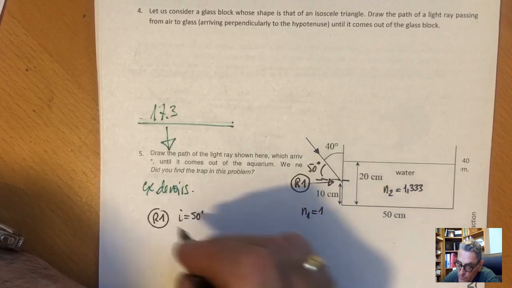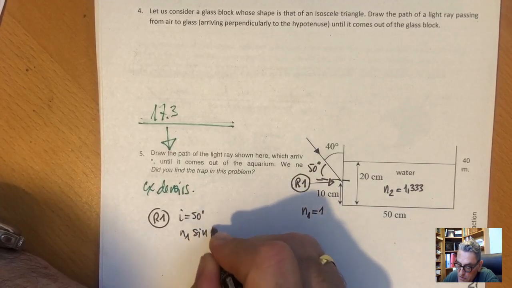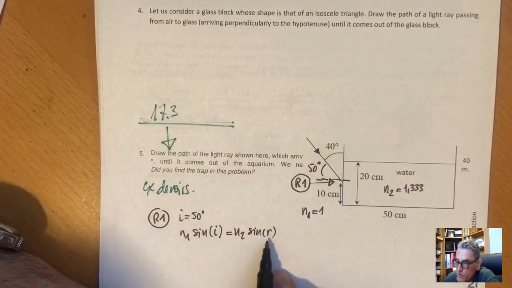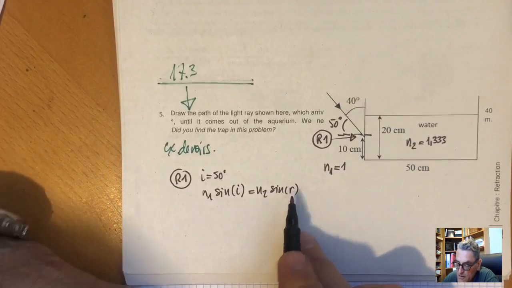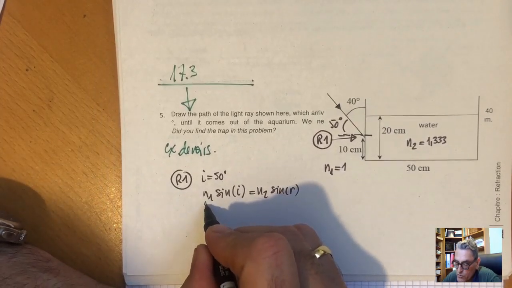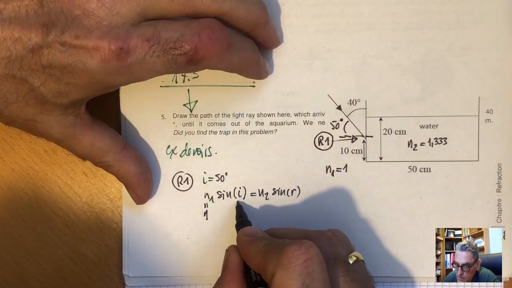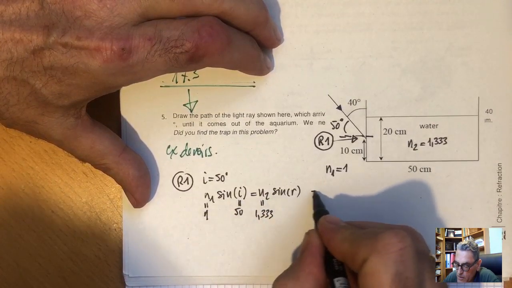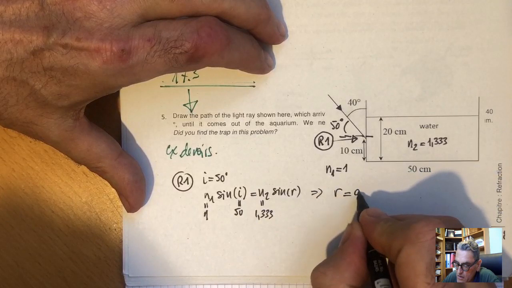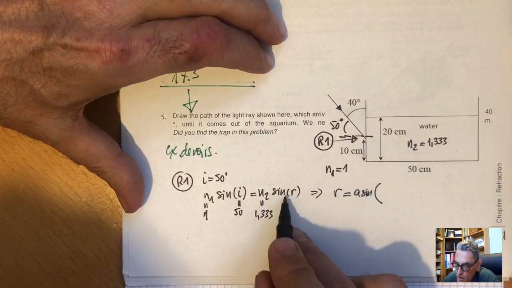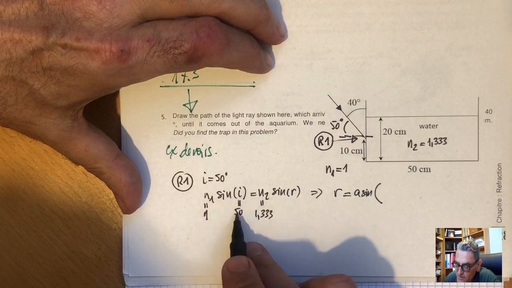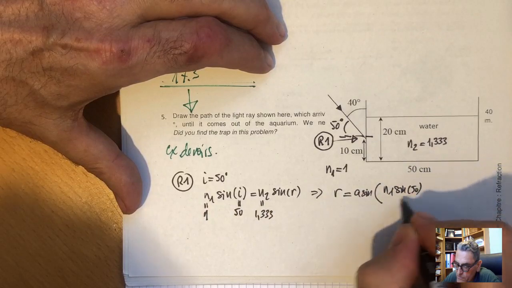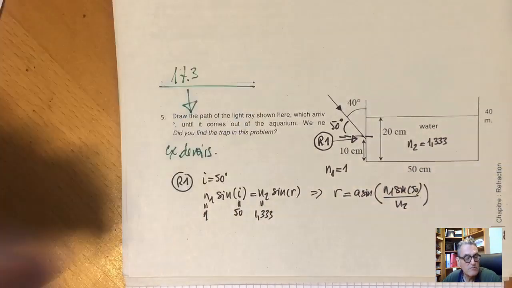So for the first refraction I can write Snell's law, and what I want to calculate is R. We know that N1 is 1, the angle is 50, and N2 is 1.333. And so this means that R is the inverse sine of N1 sin 50 over N2.